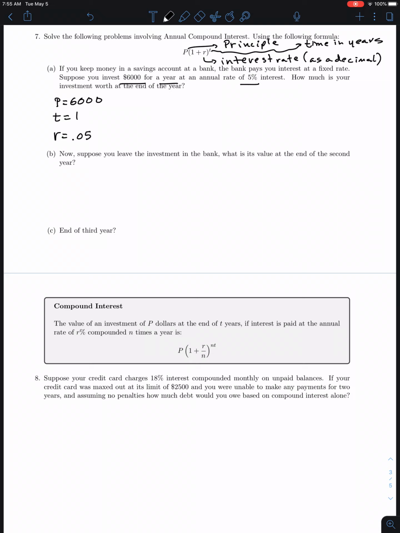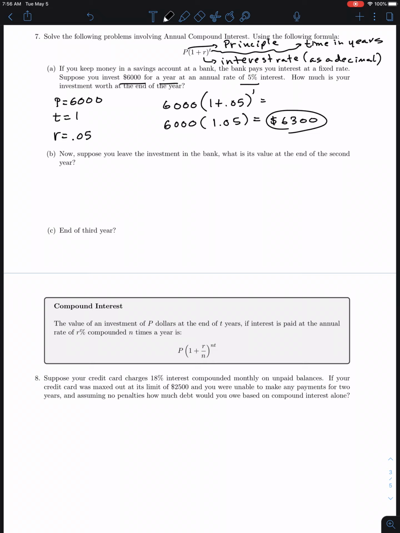So again, plugging everything into the formula, we're going to get 6,000 times 1 plus 0.05, all raised to the 1. Now it's just a matter of typing this into the calculator. So we get 6,000 times 1.05 raised to the 1, which is really just 1.05. We're multiplying 6,000 times 1.05, and that gives us $6,300.